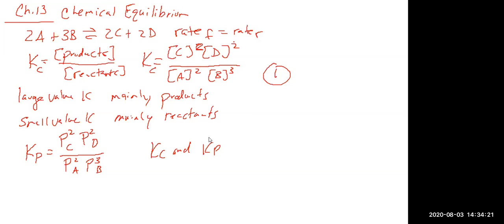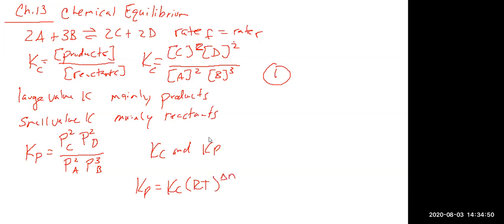Now, sometimes depending on sort of the information given to you, as we talked about, you sometimes need to go from Kp to Kc or Kc to Kp. And we did see a formula that allows you to go from one to the other. And to sort of tie those two together, we had that the Kp equals the Kc times RT to the delta n.